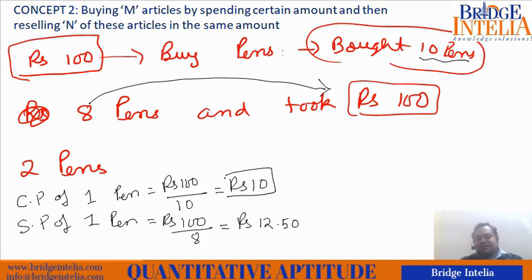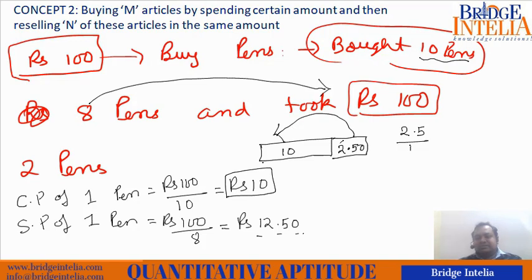You are investing rupees 10, but you are recovering rupees 12.50. That means this extra 2.50 is your profit. Now 2.50 is what percent of 10? That will give you the answer for what percent profit you have made. So the answer is 25%.